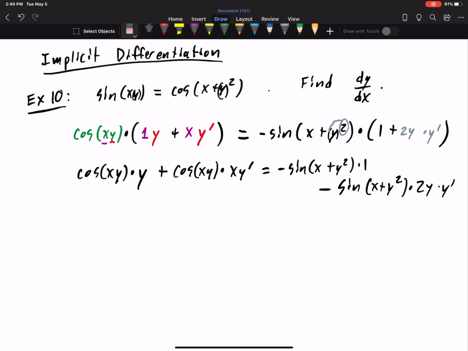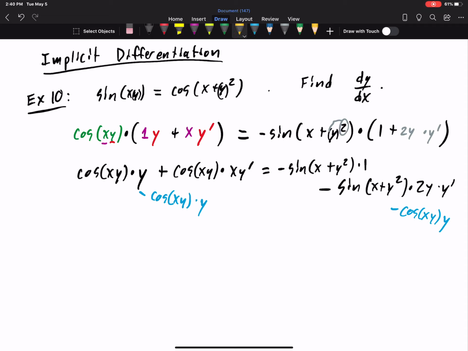All right, so now the idea is to get all your y prime stuff onto the left-hand side, all your non-y prime stuff to the right-hand side. So why don't we do that? Let's subtract over all of our non-y prime stuff. So cosine of xy times y, subtract that from both sides. And then we're going to bring all of our y prime stuff to the left-hand side. I'll do that in the next step because this is complicated.